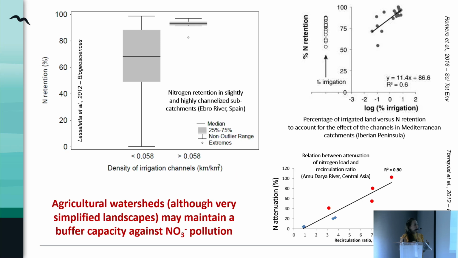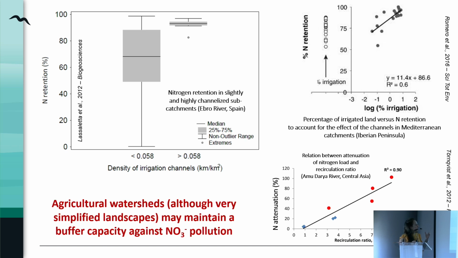A growing body of literature has demonstrated that agricultural watersheds, even if they are very simplified landscapes, can maintain a buffer capacity against nitrate pollution. There are several examples, also for Spanish sub-basins, for example, in the Ebro River.